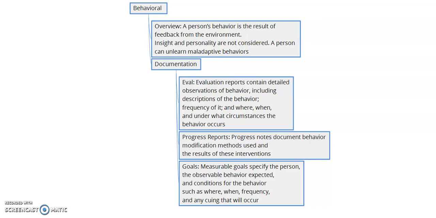When you're documenting progress reports under the behavioral frame of reference, it should document behavior modification methods used and the results of these interventions. And if you're writing goals under the behavioral frame of reference, you want to make sure they're specific to the person, they're observable, and you write down the conditions for the behavior, such as where, when, frequency, and any cueing that will occur.